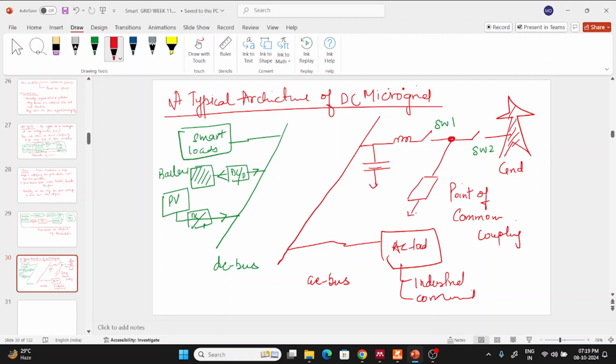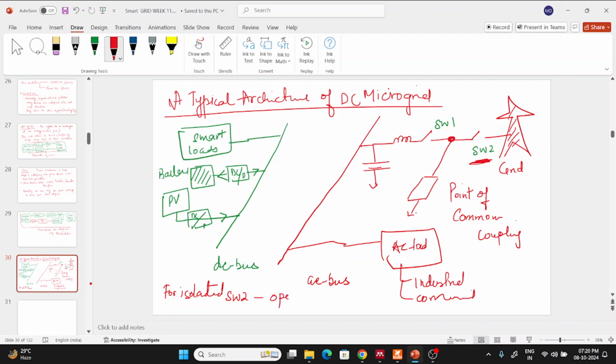now for an isolated system, the switch S1 is closed and S2 open. Okay, so for an isolated, this main grid must not be connected to the AC bus, so it will be open for isolated. What happens here?